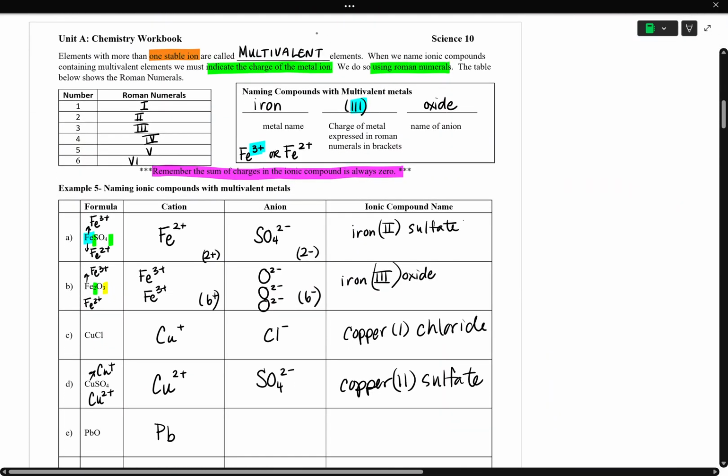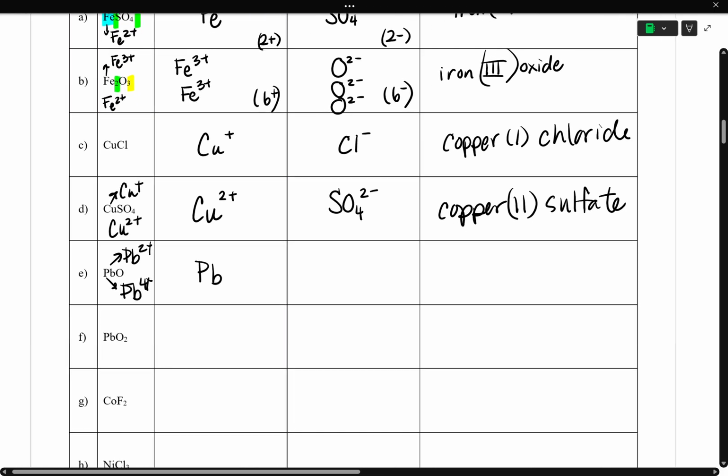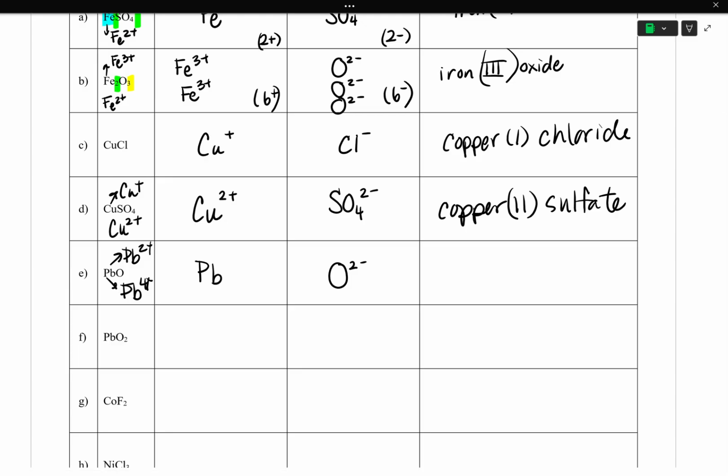So lead can be Pb2 plus or Pb4 plus. So let's take a look at the oxygen. There's only one oxygen, it's 2 negative. There's only one lead, so this would have to be 2 positive. So lead 2 oxide.